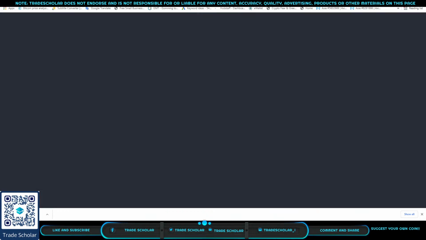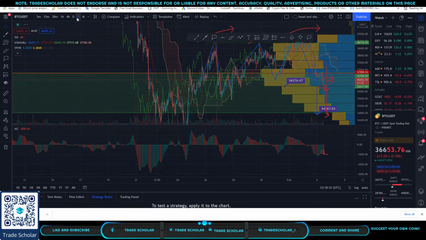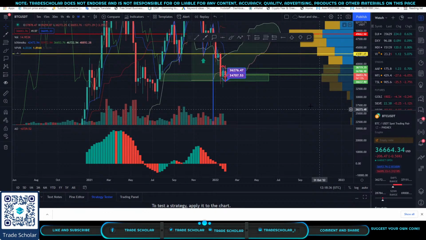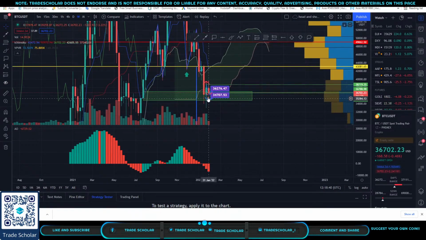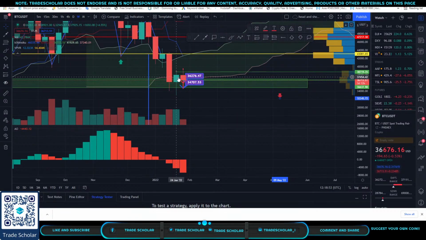Weekly time frame, and then this is another weekly time frame. In our weekly time frame right here, we have broken out already of the Ichimoku cloud, which is the visual representation of support and resistance.